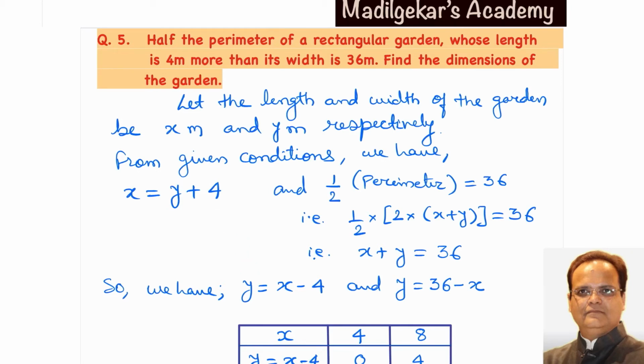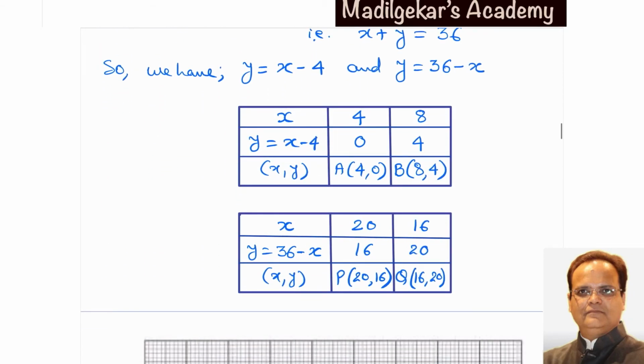Let us find points on these two lines. From equation 1, y is x minus 4. So if we substitute x equals to 4, 4 minus 4 gives 0. So the first point is A 4 comma 0. Now put x equals to 8. So 8 minus 4 is 4. We get the second point B 8 comma 4.